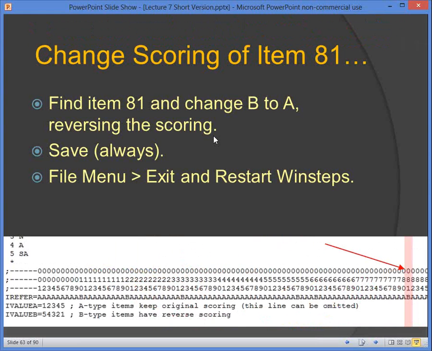Okay, so we want to change the scoring direction of item 81, and in order to do that, go back to the file, and you could find a way to edit the file. There's an option to edit the command file on the file menu.